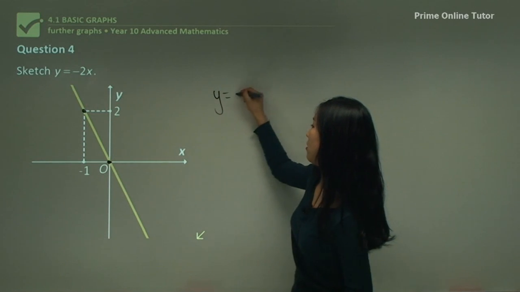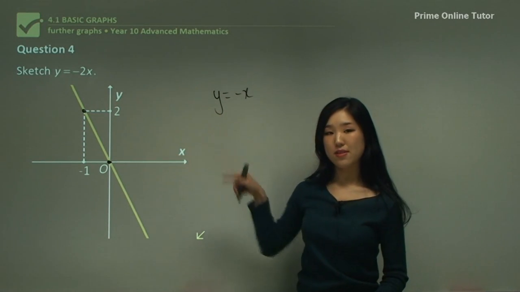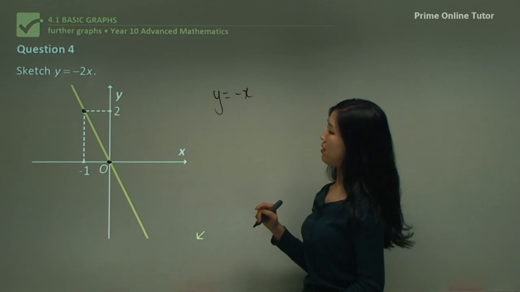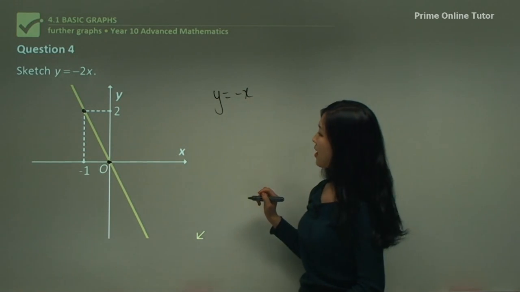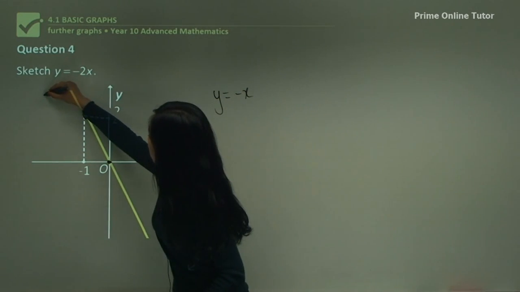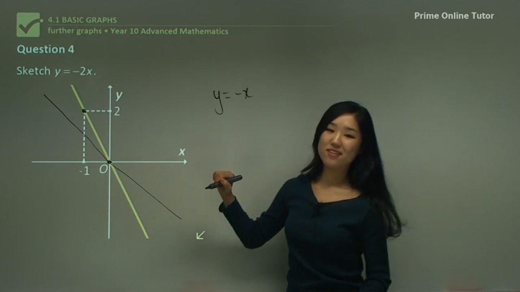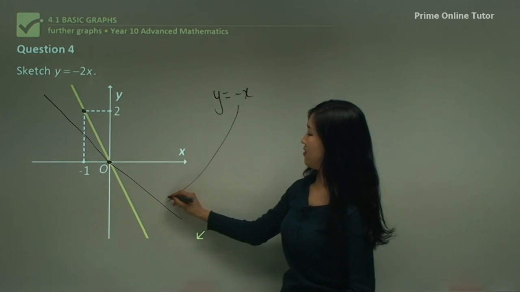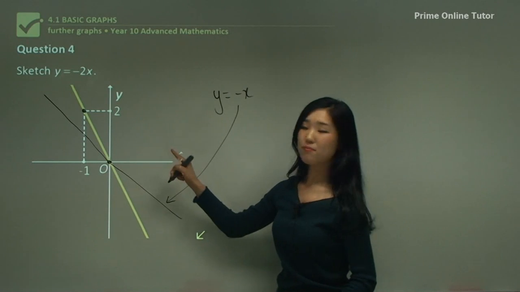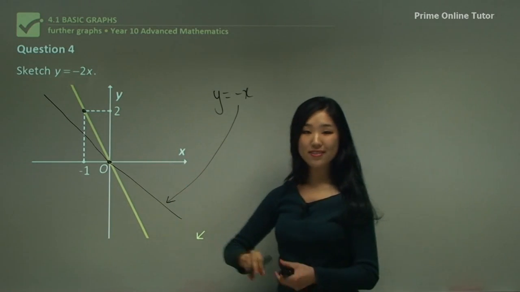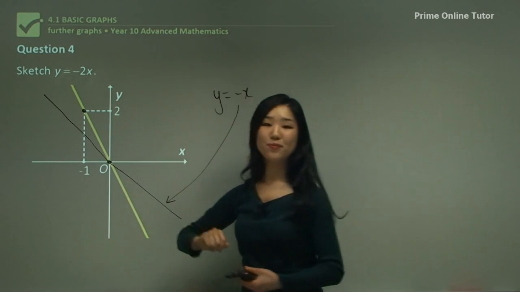And remember, in question 3, we did y equals negative x. What do you think the difference is? You should know what the difference is. Well, y equals negative x looked like this one. I'll see if I can draw a nice straight line. That's y equals negative x. So see the difference? Y equals negative 2x is a lot steeper.